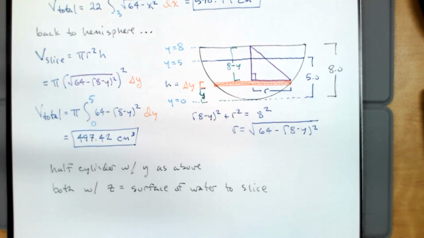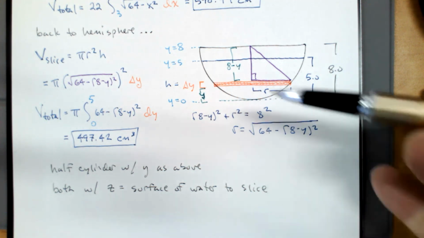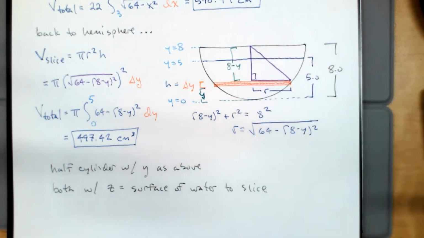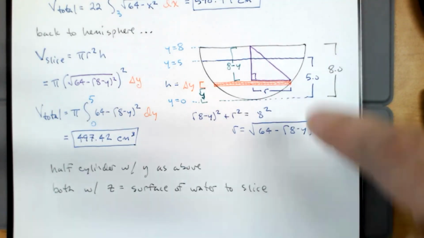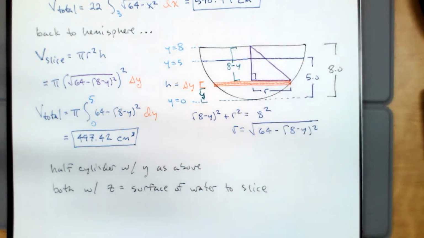So your height is going to be a dz, and let z be the distance from the surface of the water to the slice. Remember that the triangle, where you get the relationship between the horizontal and vertical, still has to go from the bowl. So we can't just move the triangle down here because we won't have a constant radius. It's got to be from the center of the bowl, where we have a constant radius of 8.